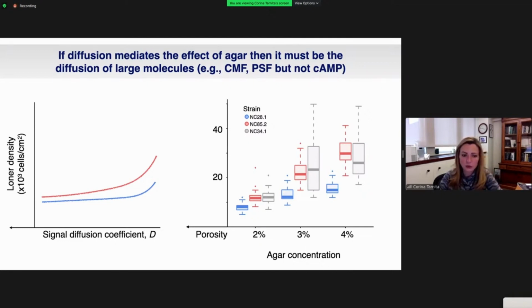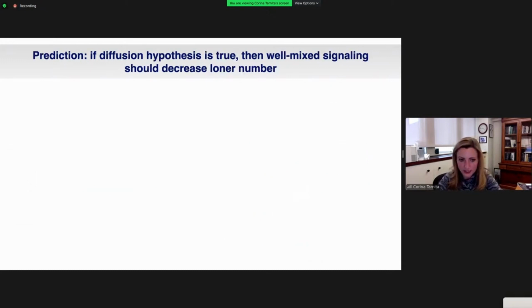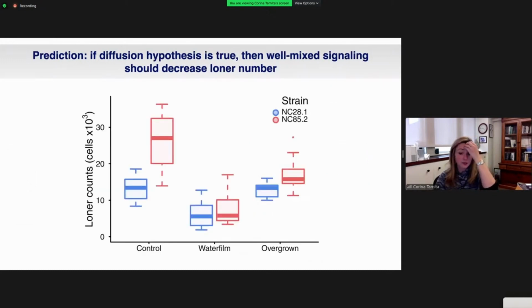So in order to do a more conclusive test of that, Fernando set up these really neat experiments. The control is simply the comparison that I showed you before: the same red and blue strains in the same conditions. The water film is the same way of putting cells on a plate without any more food, so the same process as in the control, but adding a thin layer of water on top of them that would dry up before the actual aggregation process happens.